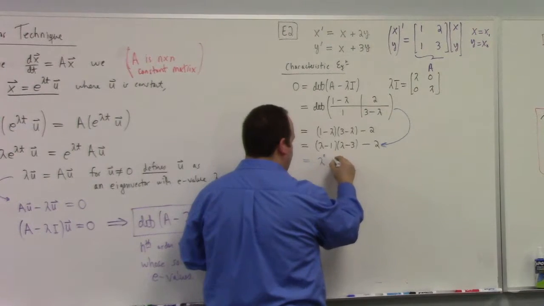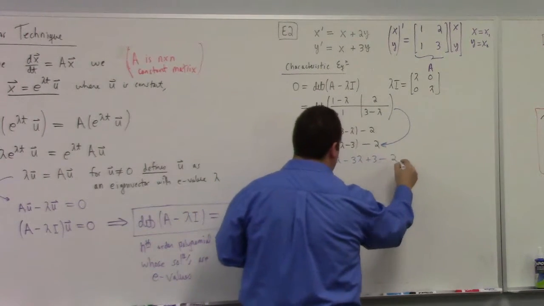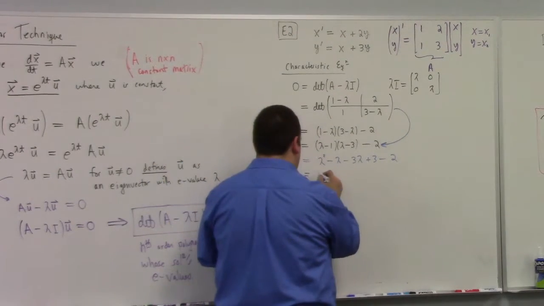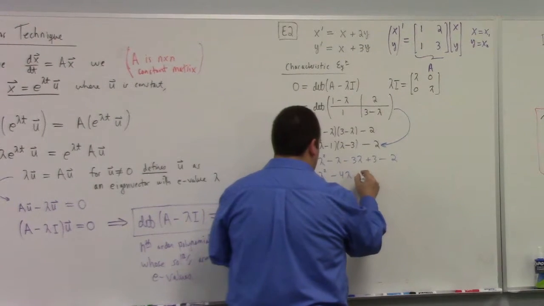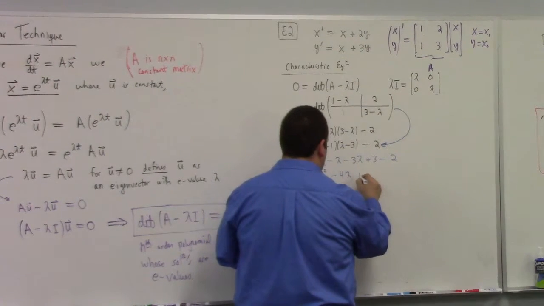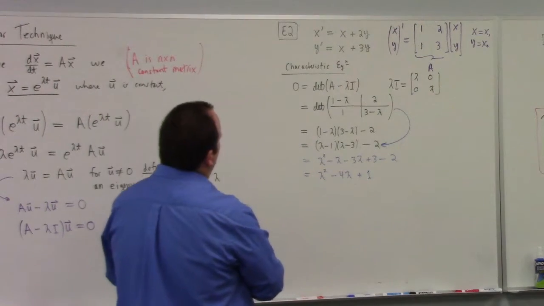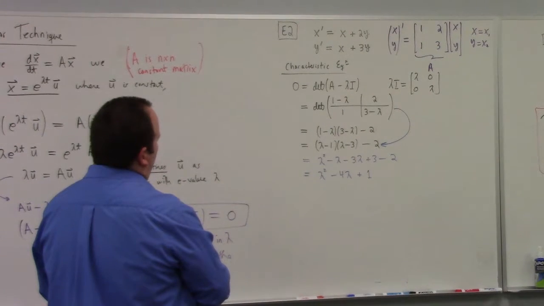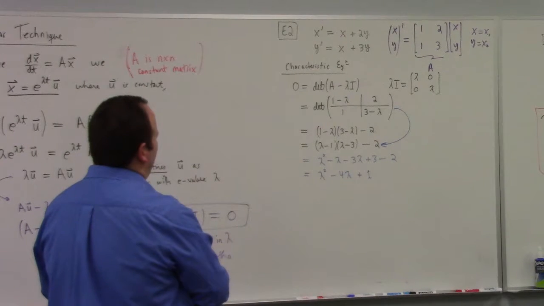Anyway, lambda squared minus lambda minus 3 lambda plus 3 minus 2. So you've got lambda squared minus 4 lambda plus 1. Just a second here.